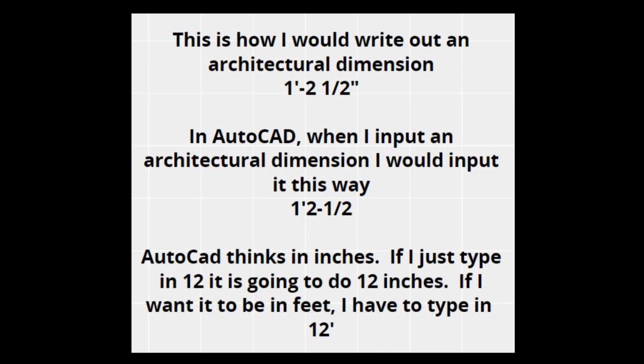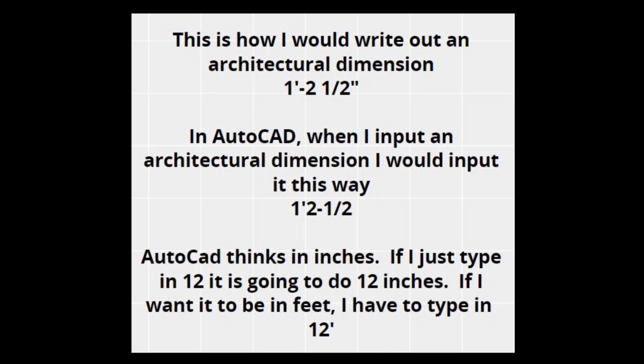It's important, though, to understand how, from an architectural standpoint, you have to input information. When you're working in decimals, typically on your mechanical type drawings, this really doesn't come into play as much, but there are times when you do have to do architectural units.